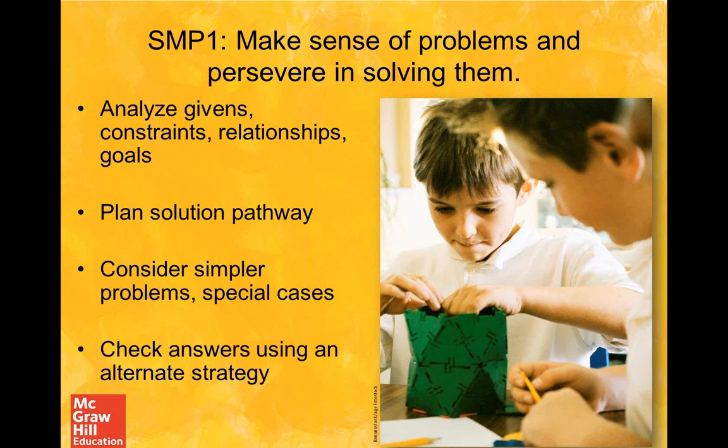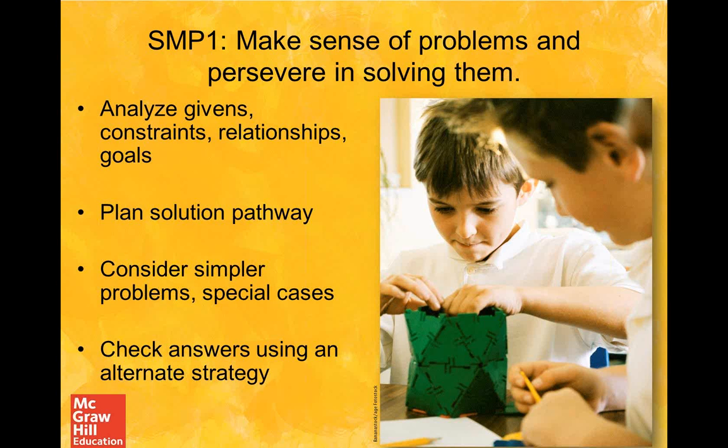And as students work, they must monitor and evaluate their progress and change course if necessary. Older students might, depending on the context of the problem, transform algebraic expressions or change the viewing window of their graphing calculator to get information they might need. The mathematically proficient students can explain the correspondences between equations, verbal descriptions, tables, graphs, and draw diagrams of important features and relationships.